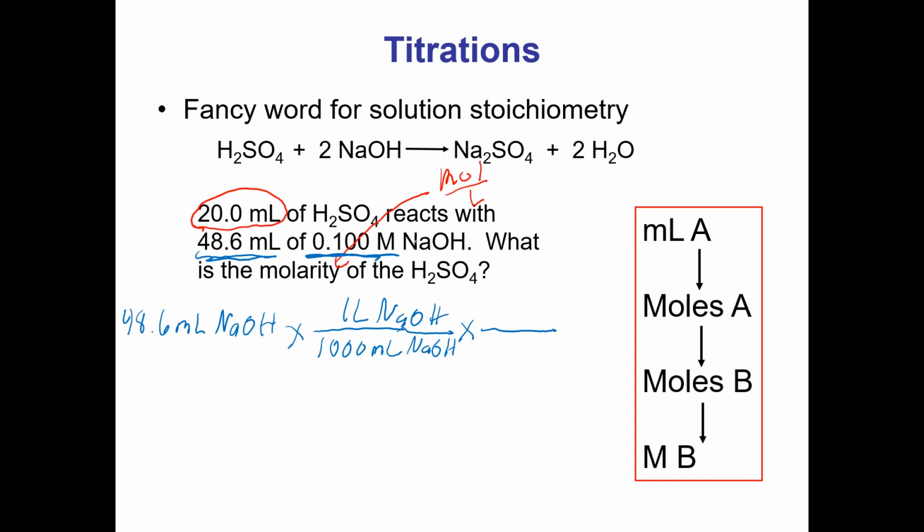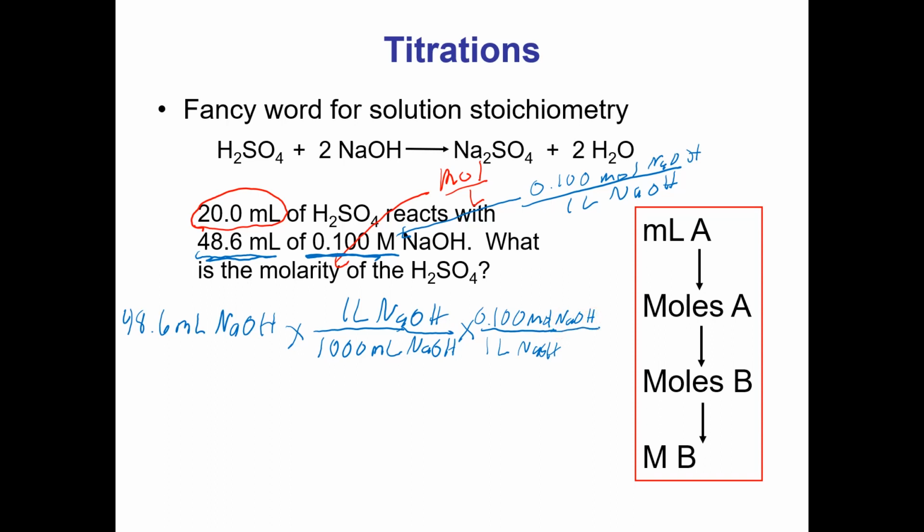So remember, molarity is moles per liter. So what this means is that I have 0.1 moles of sodium hydroxide per liter of sodium hydroxide. So I can make this into a conversion factor. I have a liter of sodium hydroxide on the top here, so I'm going to put liters on the bottom and moles of sodium hydroxide on the top.